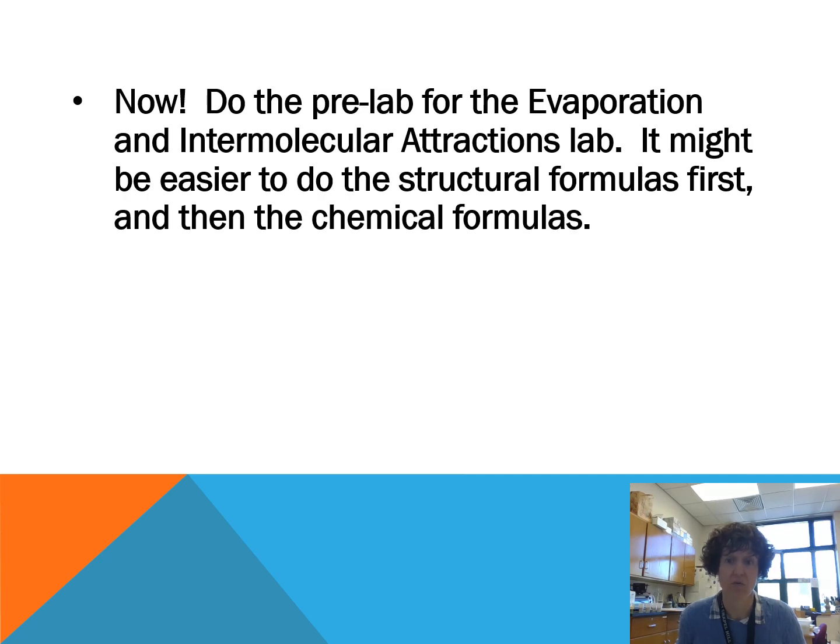All right, so what you're going to do now is attempt, give it your very best effort, to do the pre-lab for the evaporation and intermolecular forces of attraction lab. It might be easier to do the structural formulas first, like actually draw out your carbons and your hydrogens and all that, and then go back and do the chemical formulas. It's your call.